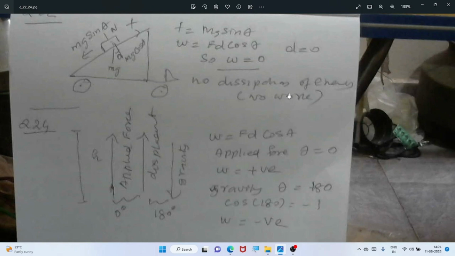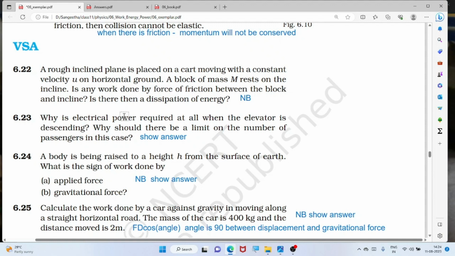Because the block is not moving, the displacement is zero, so the work done will be zero. There is no dissipation of energy because no work is done, because the mass m is at rest and not moving.